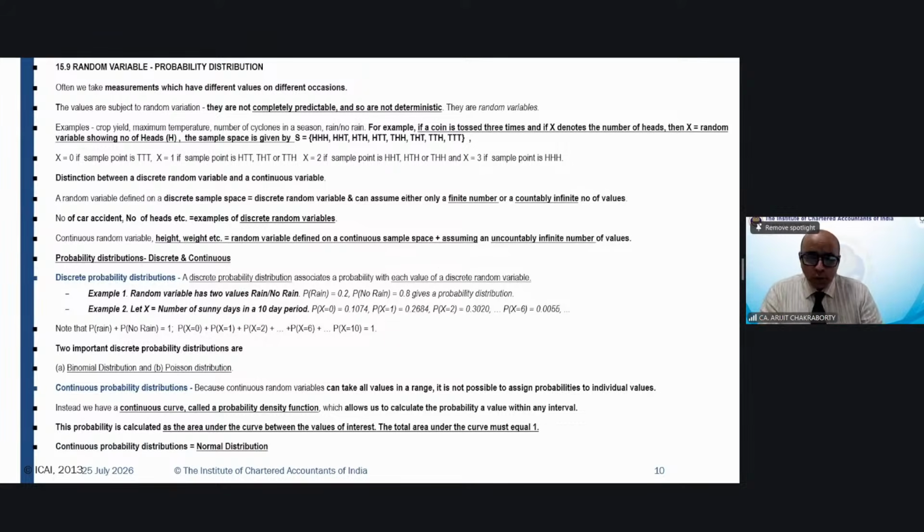Binomial and Poisson are for those distributions which are discrete in nature, where a discrete random variable is involved. In case of a continuous random variable, it gives us a continuous probability distribution. It will be denoted through a curve, and a classic example of continuous probability distribution is the normal distribution. So this much, please try to follow, understand, and remember.